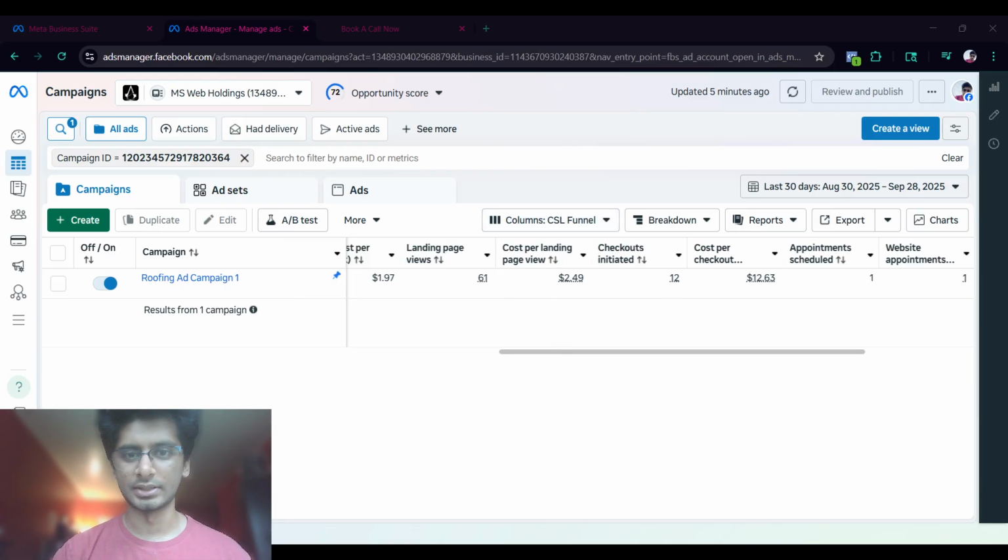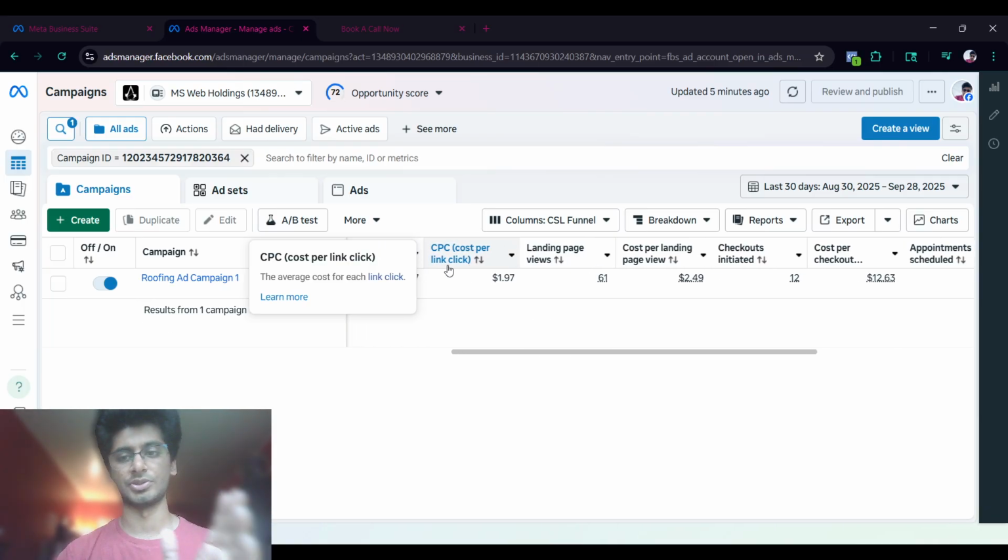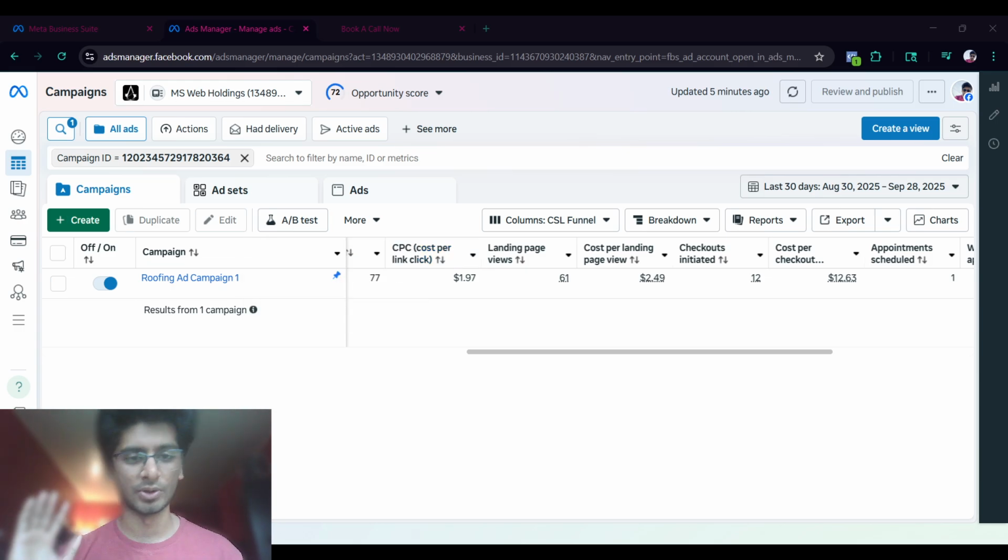So you just go back. You start at the front. How many book calls did we get? We didn't get any. Go back. Did we get any initiate checkouts? No. Then go back. Did we get any landing page views? No. If we didn't get any landing page views, that means our ads suck. We're not getting clicks. If we're not getting clicks, it's because our ads suck.